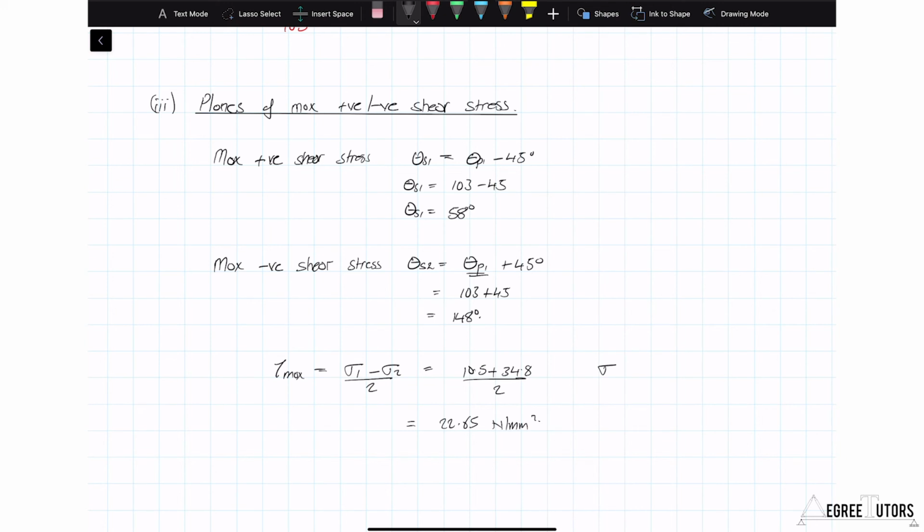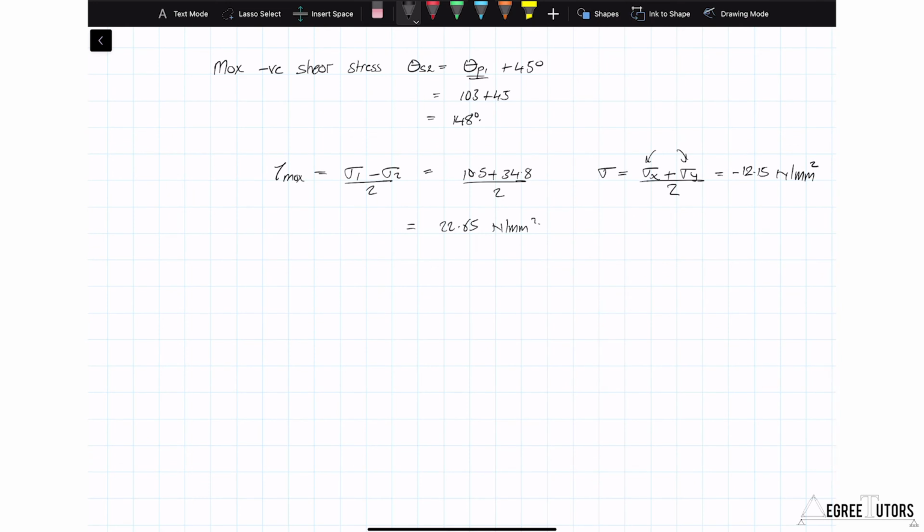And we said that was just equal to the average value of stress, which was any sigma x added to its corresponding sigma y over 2. And so we could plug in any values there, and we'd always get the same answer, as with any pair of normal stresses on mutually perpendicular planes, and we get minus 12.15 newtons per millimeter squared. So a compressive stress.